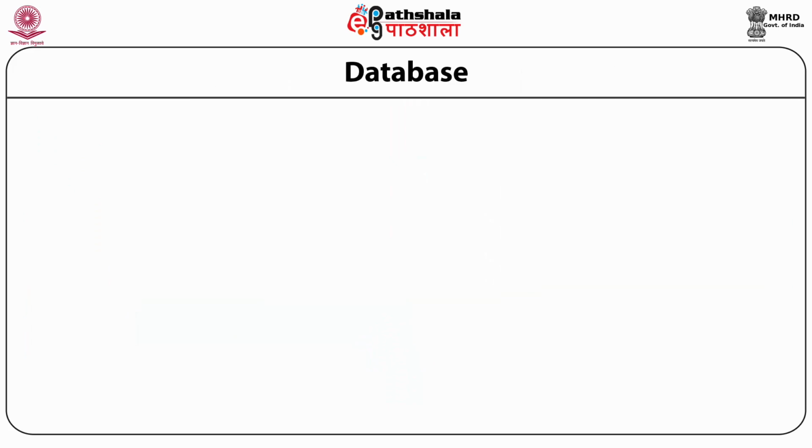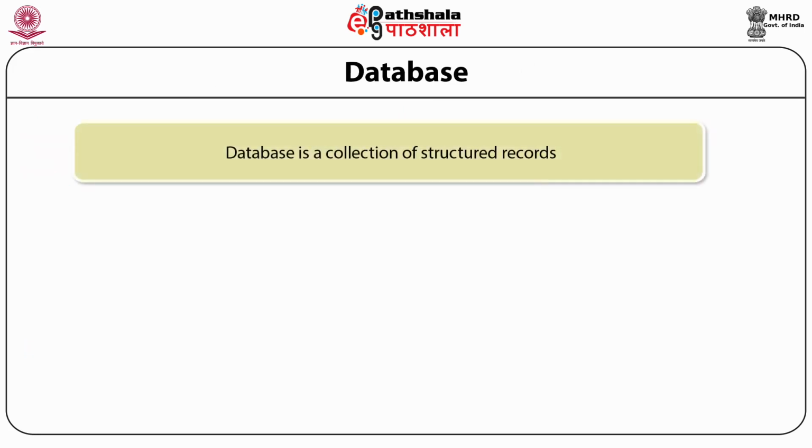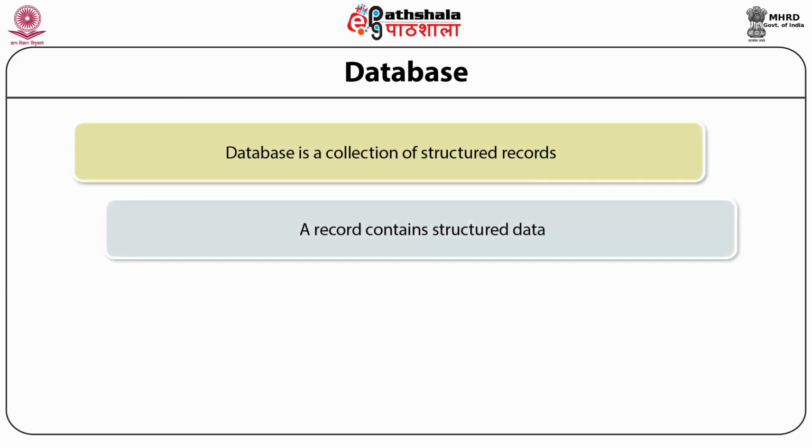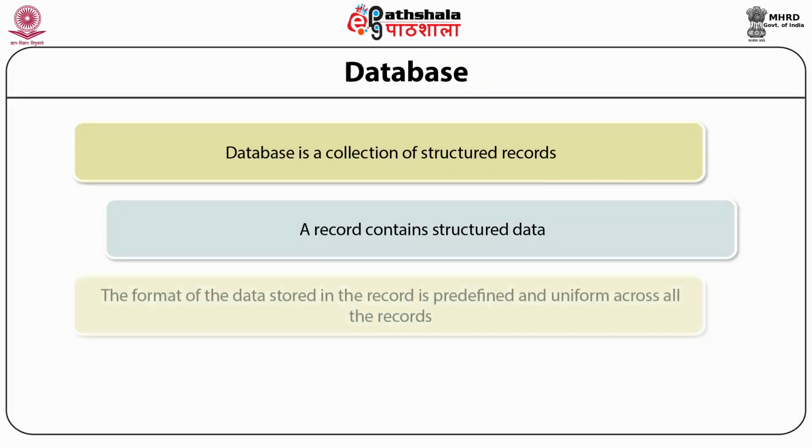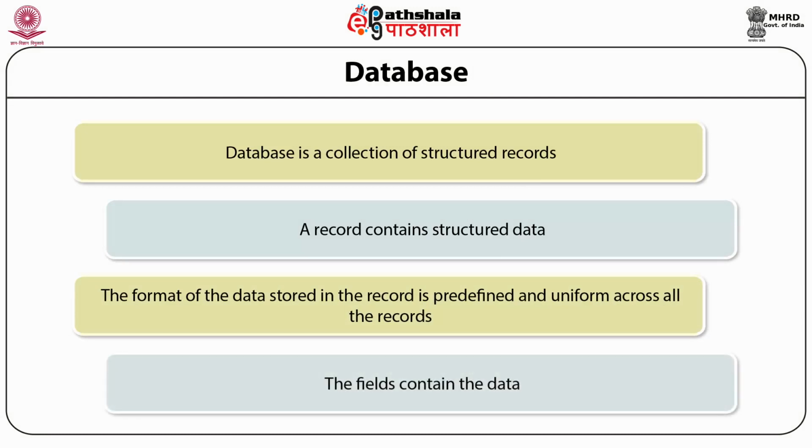So in a database, if you see, database is a collection of structured records, and each record represents structured data. The format of data stored in the record is predefined and uniform across all the records. That means the fields represented in the records are uniform across the whole database.